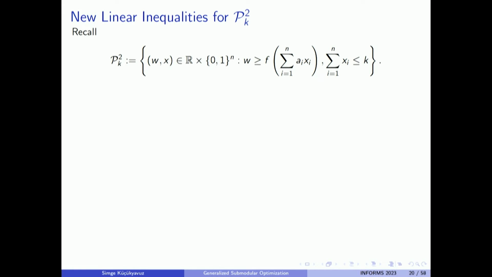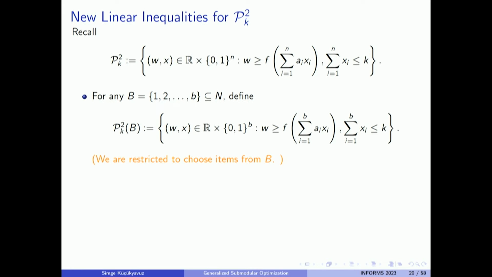Again, now this is the set we're looking at. Now I'm going to restrict ourselves to, let's say, P_k^2 for the m equals 2 case. The idea is a technique in mixed integer programming known as lifting. So we start with a base case. I will select a subset B of items, going from 1 to little b, and I will only choose from this subset B and look at this restricted set.